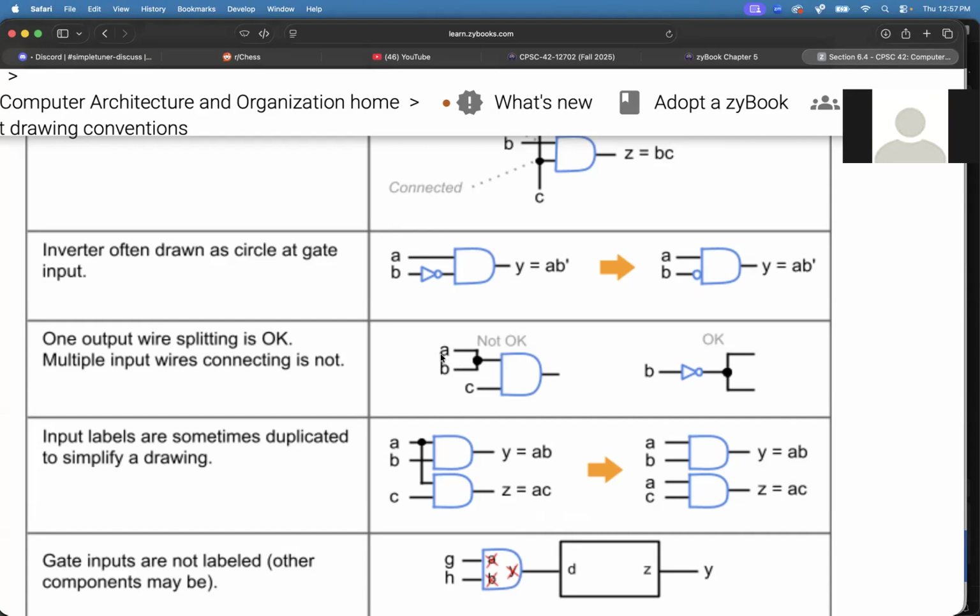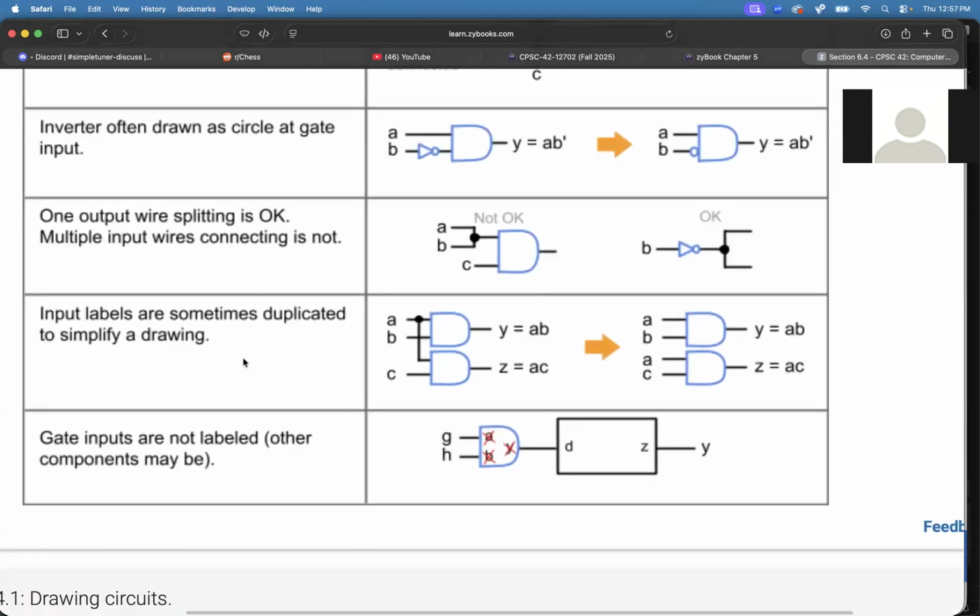So you can't have two things come into the same input, but you can split an output into two things. Okay. Sometimes if you don't want to draw this first one where the A comes off, you can just be lazy and just write A twice to make the drawing easier. That's okay.